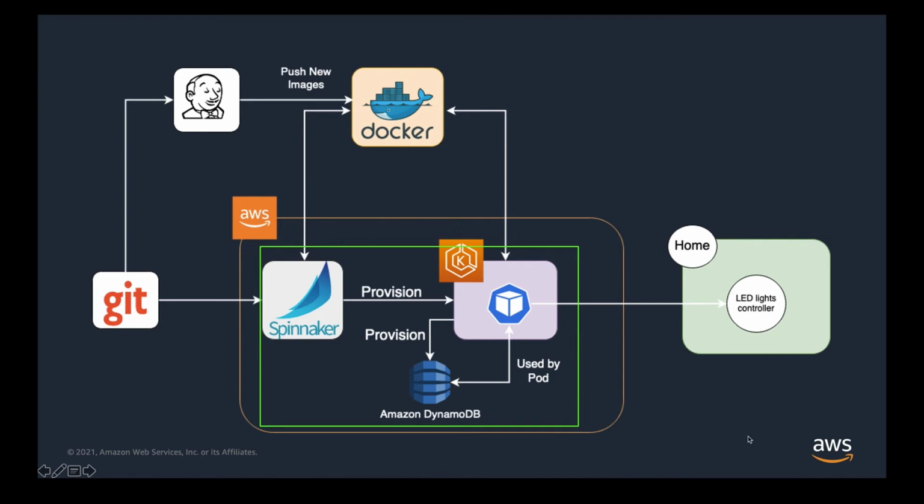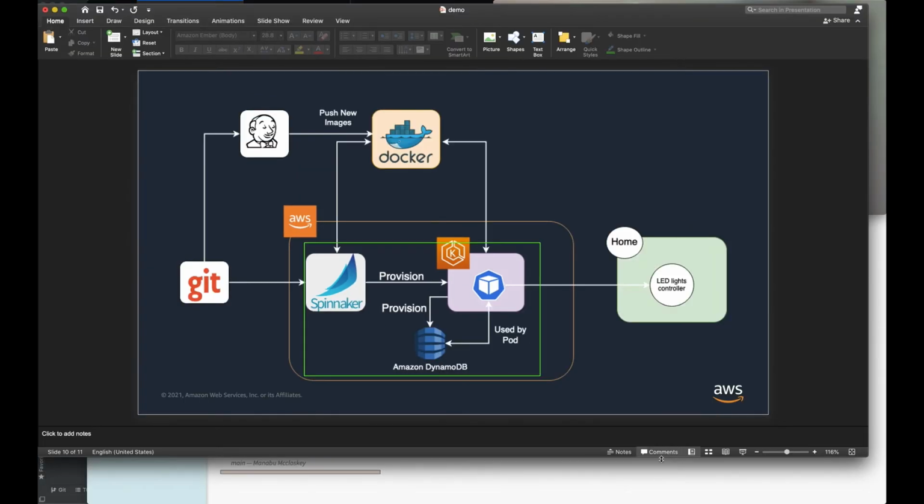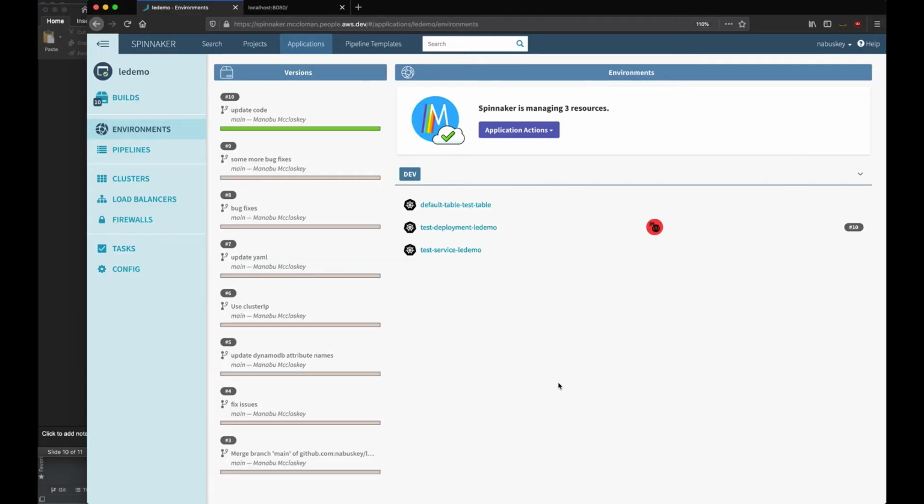Okay, so with that new architecture, let's go back to our Spinnaker managed services UI. On the left, if you look at it, there's a new version of the artifact available. It used to be number 9, but now we have a new artifact, number 10.